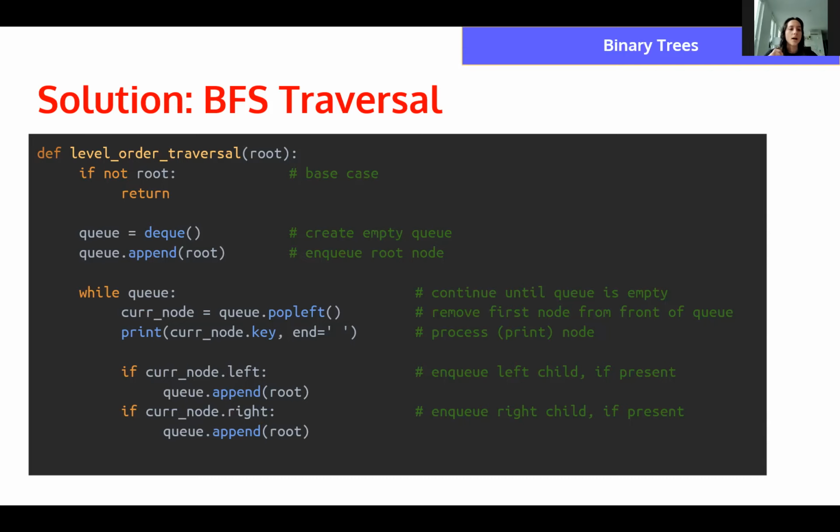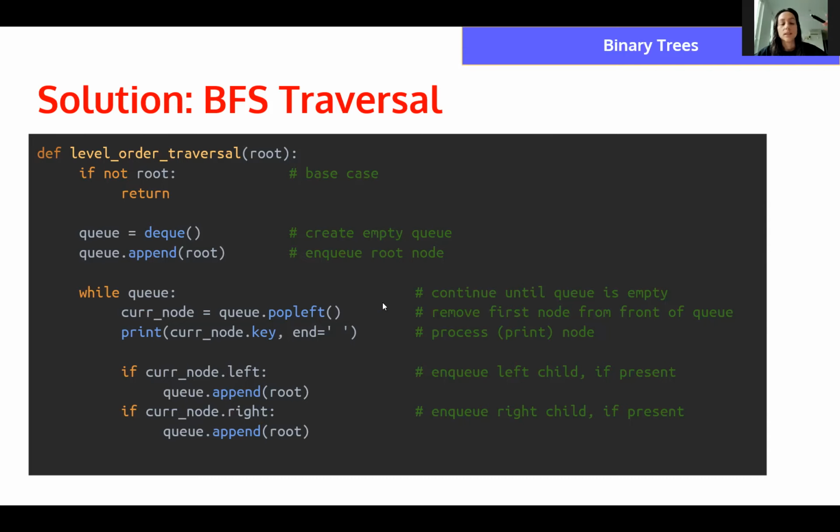So while our queue has a length, we would pop off top value. So in this case, it would be a 1. And we would check if that 1 has any children. So in this case, we had that 2 and that 3, and we would push those onto the queue to look at later. So at this point, we're doing whatever we want to do with 1. And that's what those two if statements are doing, is checking if it has a left child and a right child and putting it onto the queue.